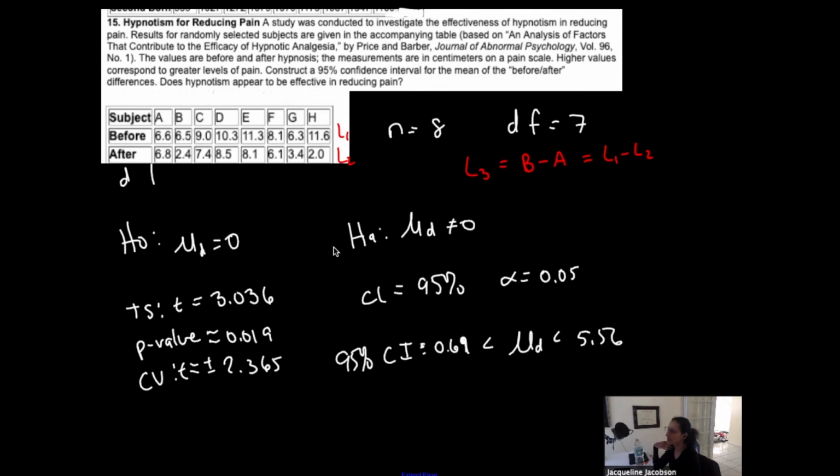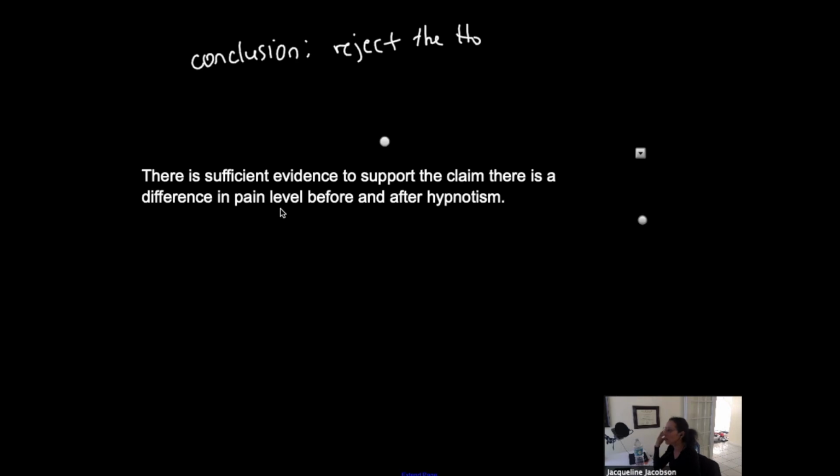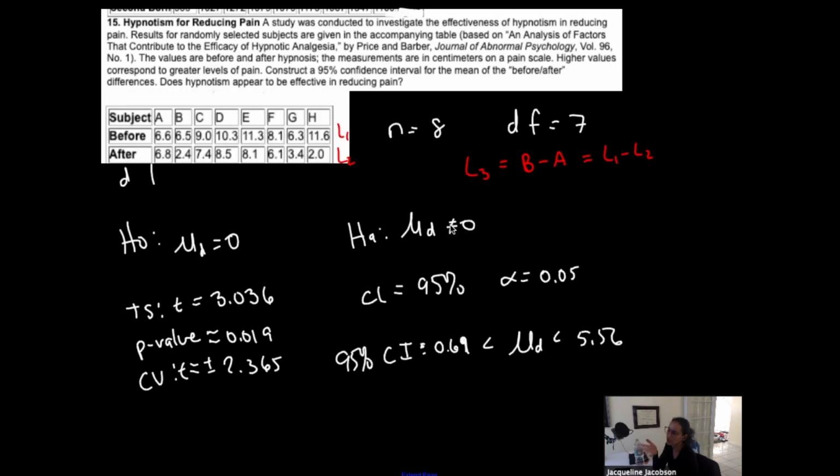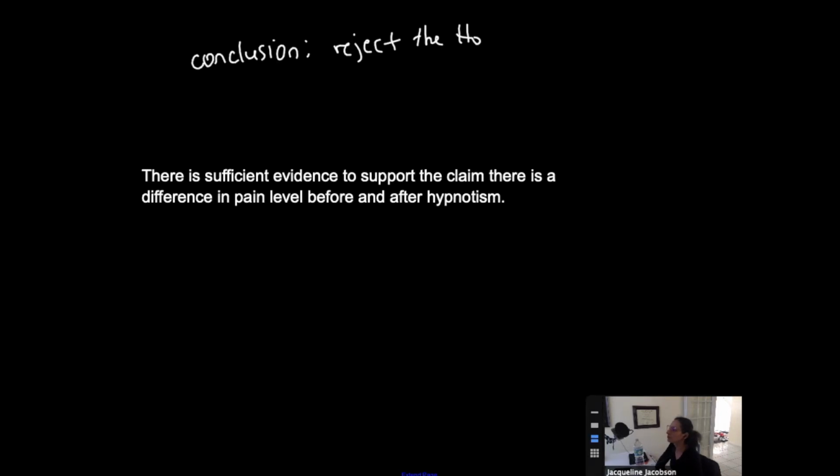I could change the type of test depending on what kind of conclusion I want to come to. Do I want to know if the pain level before is greater than the pain level after? Then maybe I would change to a different type of test. It all depends on what I want. So it looks like in this case, hypnotism is working for pain level, which is cool.